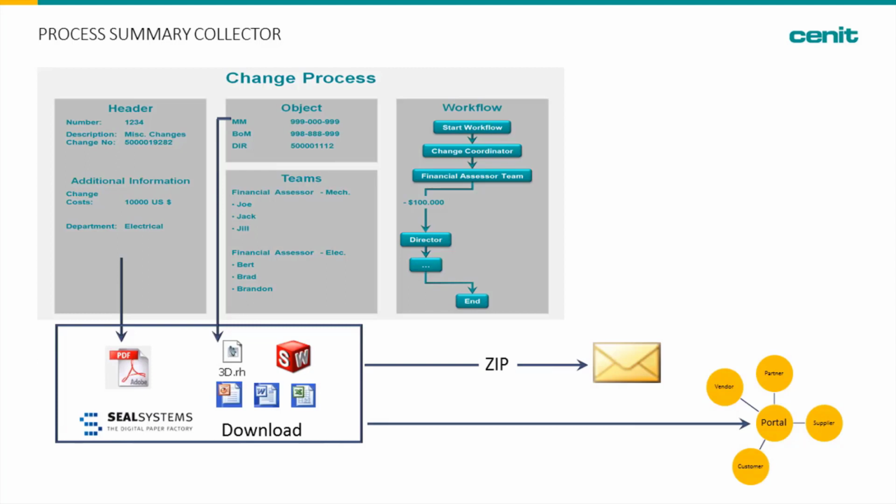We can also download attached files to the workflow. What we also can do is we can generate object information, and this could be CAD files or a variety of MS Office files. And then we can all bundle them up, triggered by a task in the workflow, and send them, for example, to a supplier.